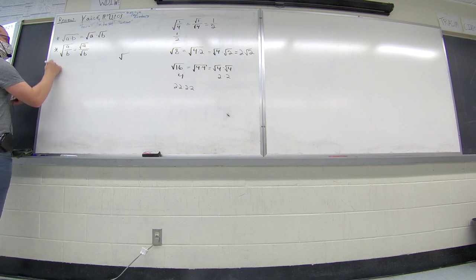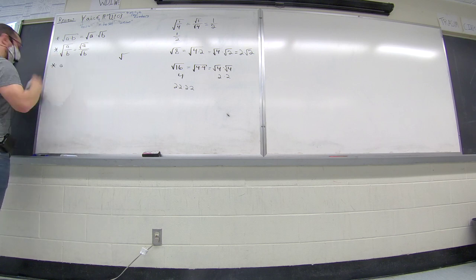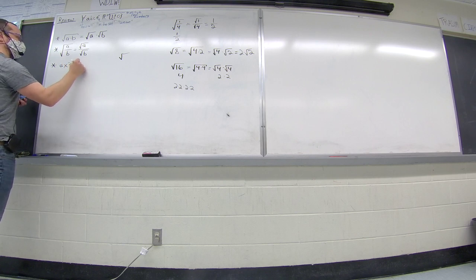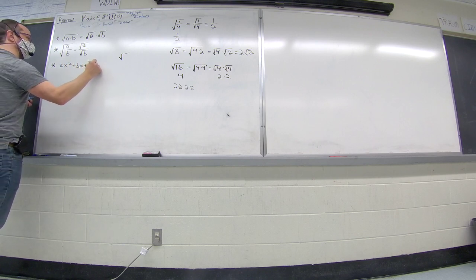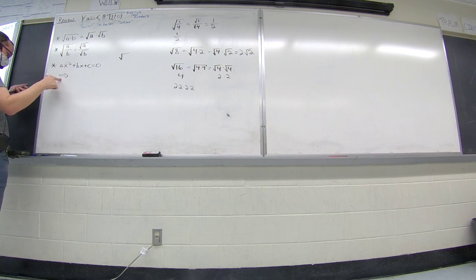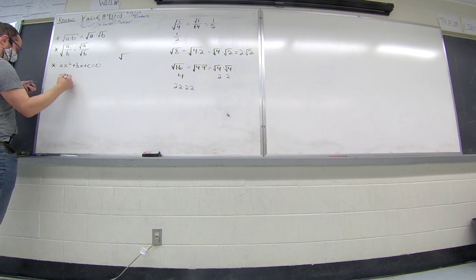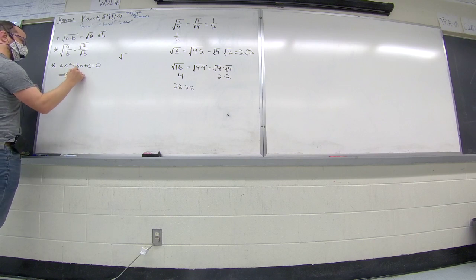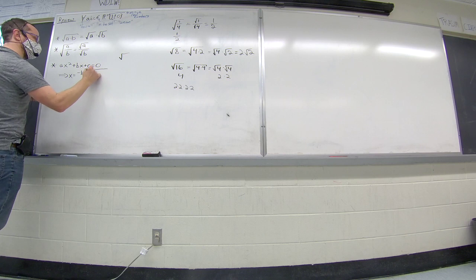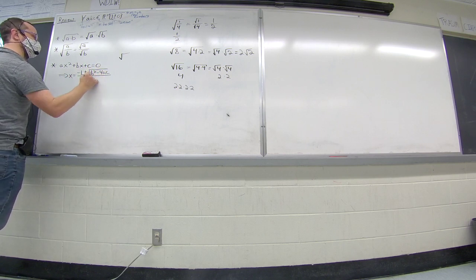Okay, and then we have the quadratic formula. Ax squared plus bx plus c equals 0. This arrow here means implies x equals negative b plus or minus the square root of b squared minus 4ac, all divided by 2a.